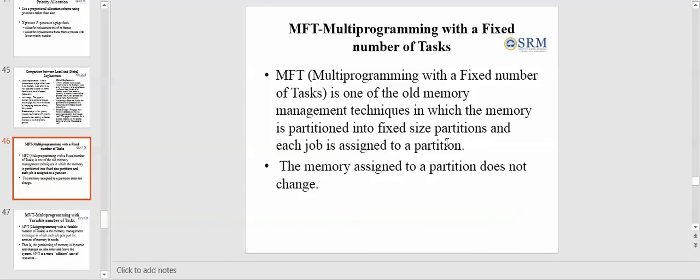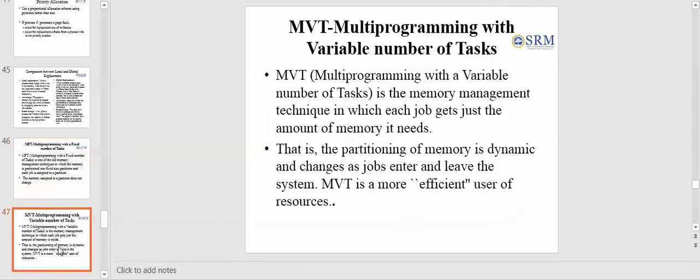It is a fixed size partition and each job is assigned to a partition. Even if it doesn't require more memory, it will hold such a big block of memory, which leads to fragmentation. Whereas in MVT, you allocate the memory based on the process size. So this is MVT and MFT.